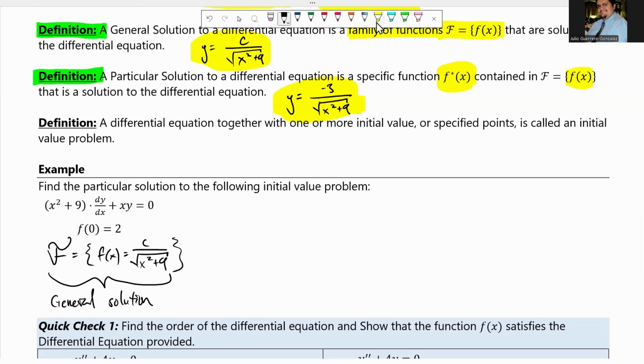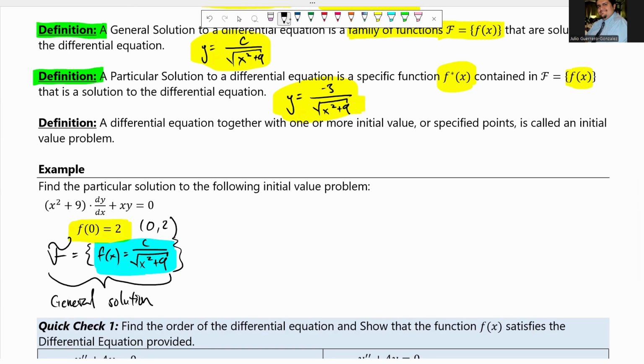This one has a particular stipulation, though. It's giving us a specific point. It's saying that if we plug in 0 to f of x, our y value is going to be 2. So the point that we are trying to satisfy here is 0, 2. We know what the general solutions look like, and just like I said before, since we have an x and a y, we can flat out solve for a c.